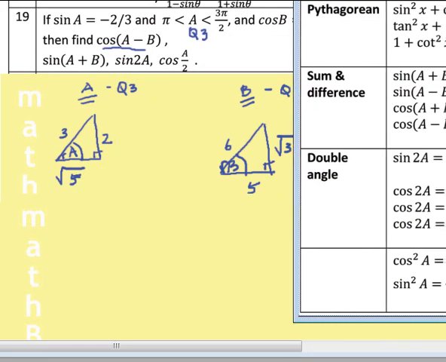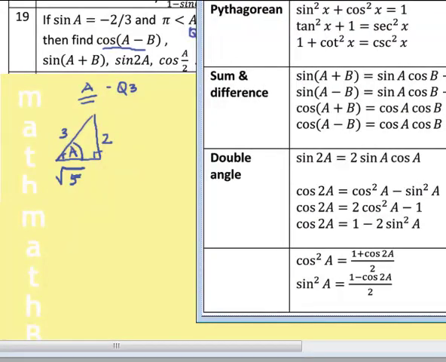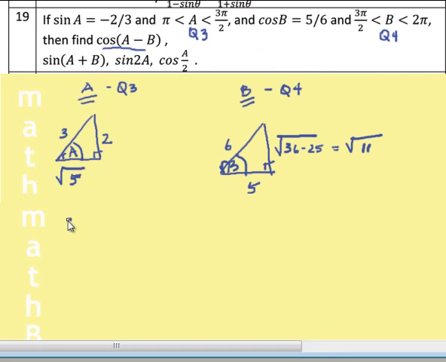Okay, so let me write that out. Okay, so I have cos squared A over 2 is equal to 1 plus cos A over 2. Again, instead of writing A here and 2A here, I put A over 2, half, and double that here.